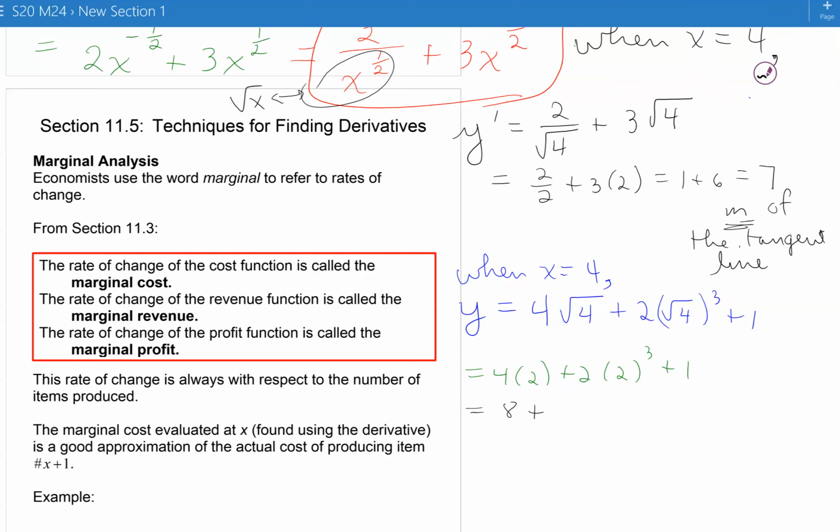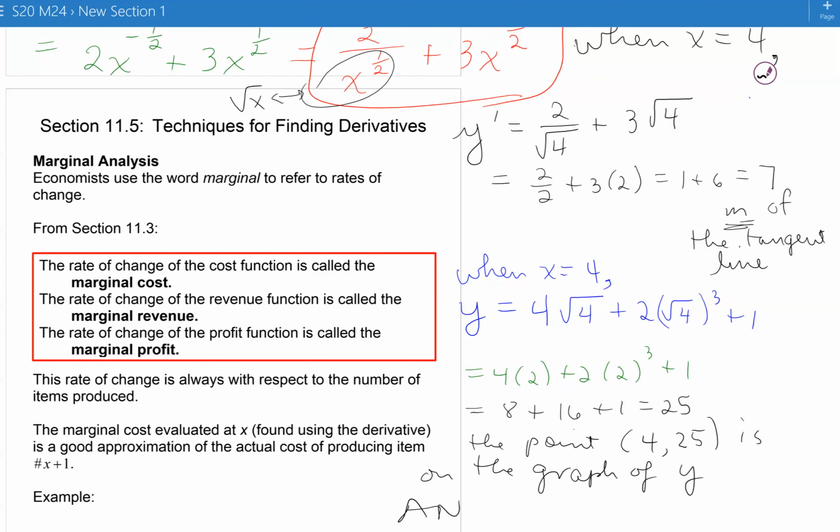So 8 plus 16 plus 1 is 25. So the point (4, 25) is on the graph of y and on the tangent line. This is the point where they touch.